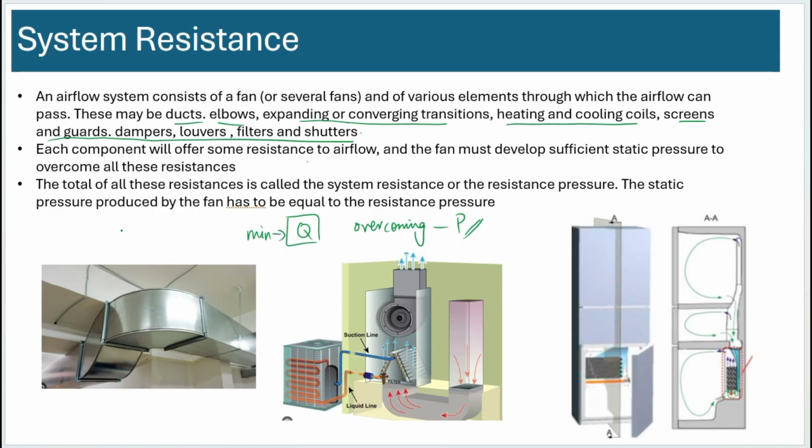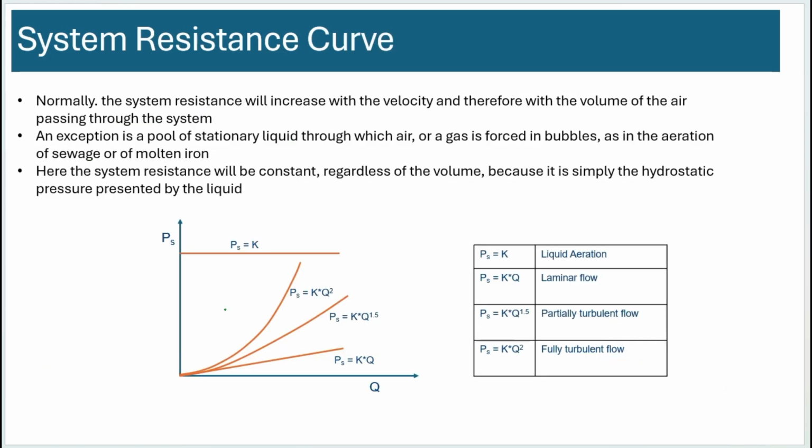So we need to know what is the total pressure in the system first, as a function of Q. P as a function of Q, or vice versa, right? So if you have to provide a certain Q through the system, how much pressure drop are we expected to see? That's what a system resistance curve is.